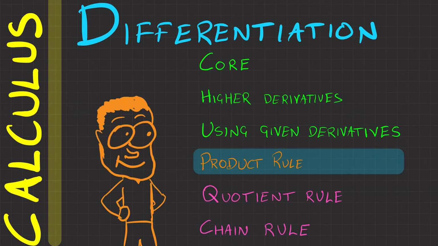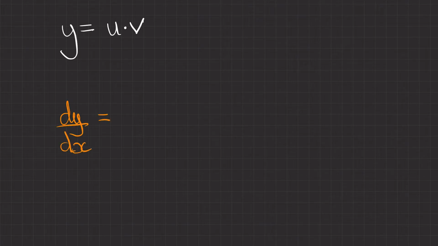Differentiation, the product rule. Well, firstly, what do we use the product rule for? We need the product rule when we have an equation in the form of y equals u multiplied by v. And the product rule is dy by dx equals u multiplied by dv by dx plus v multiplied by du by dx.